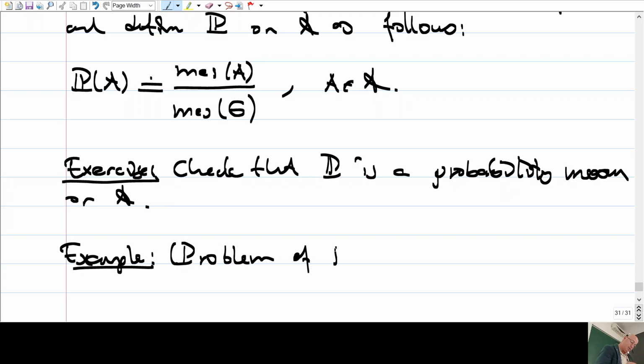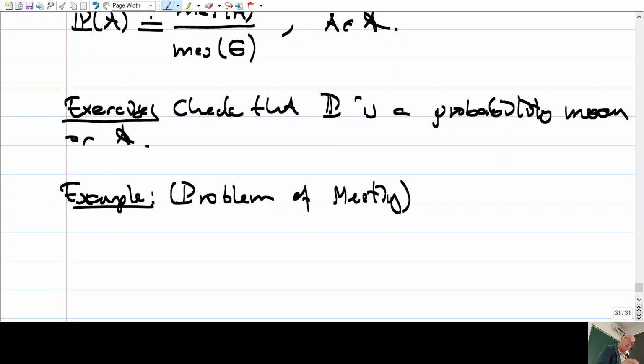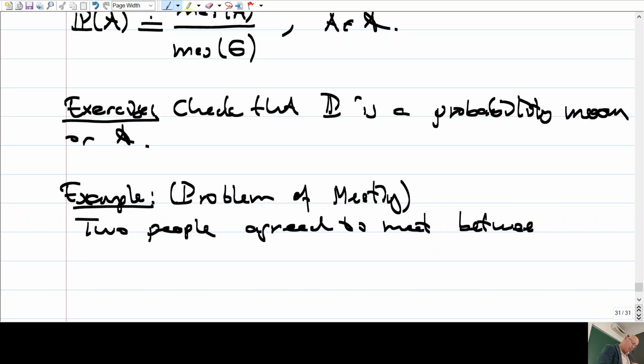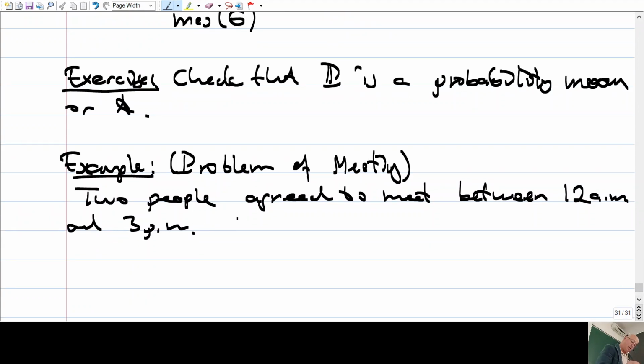Problem of meeting. Let me describe the problem. Two people agreed to meet between, let's say, 12 a.m. and 3 p.m., and they agreed on the following. They come to the place where they will meet at random.